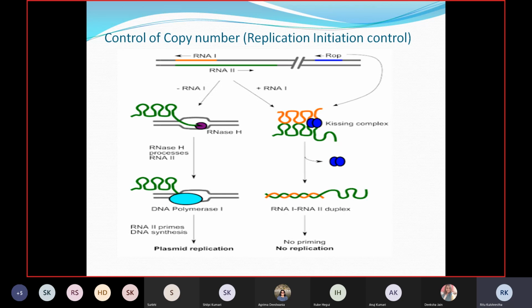If you are given this task of controlling copy number for that particular plasmid, what changes will you make in that plasmid so that it has a much higher copy number?